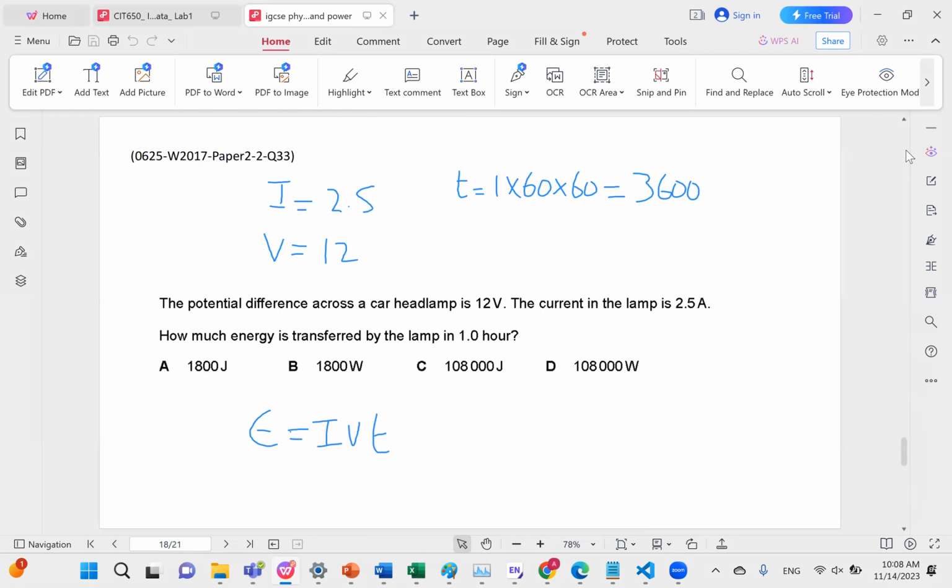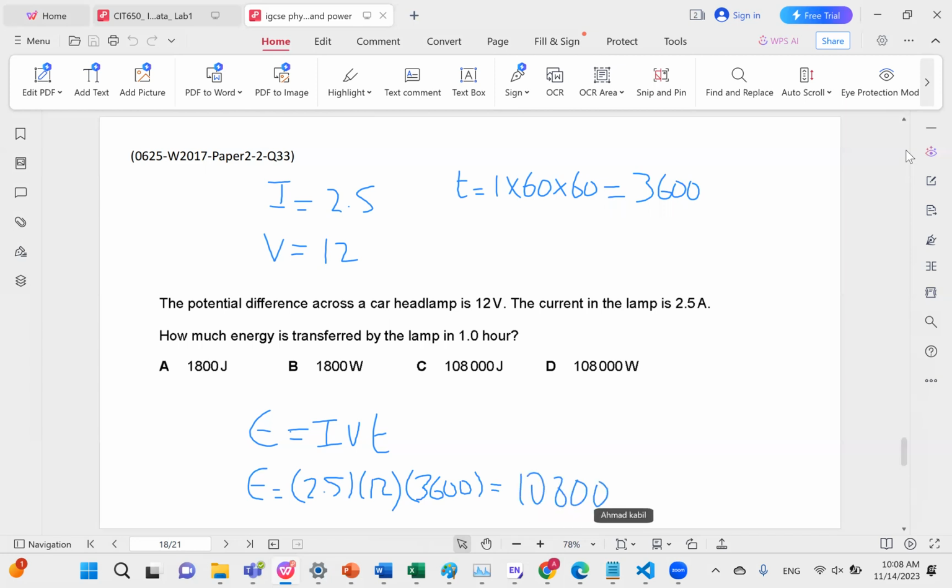Now I plug them into the equation. Energy is equal to 2.5 multiplied by 12 multiplied by 3,600 seconds. This gives us 108,000 joules.